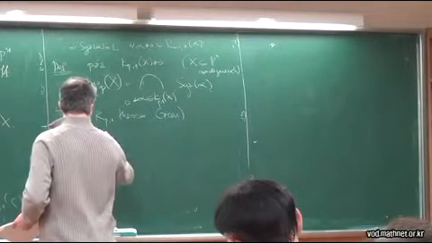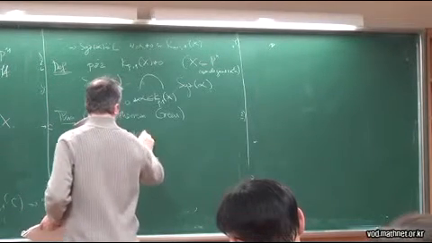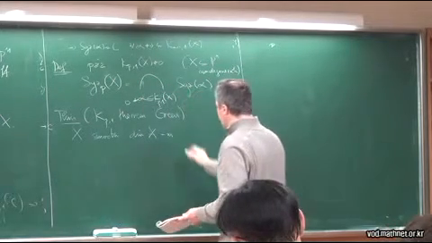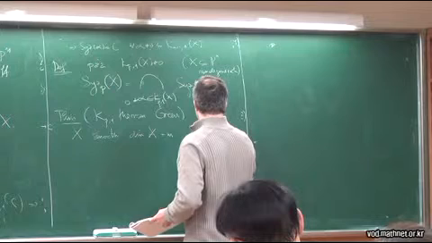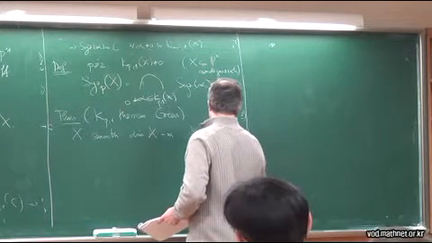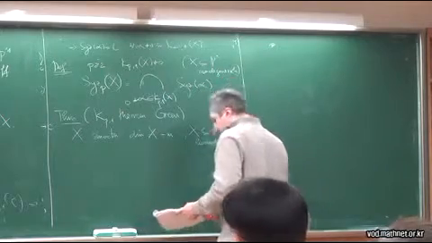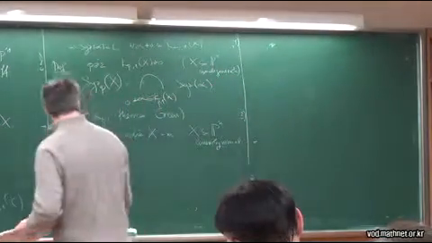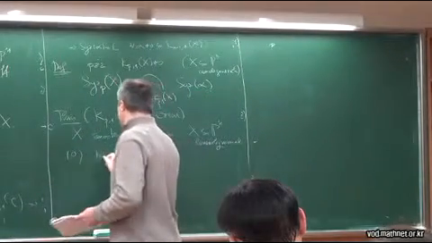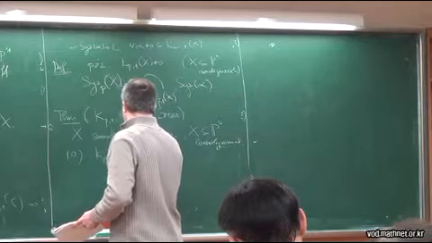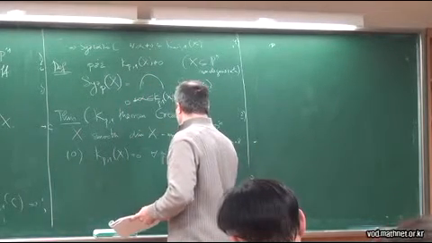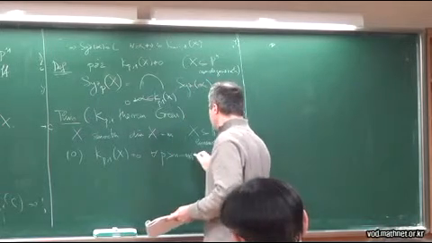Suppose X is smooth of dimension m, X in Pn considered also linearly normal. Then Kp,1 will all be 0 for any p greater than n minus m.